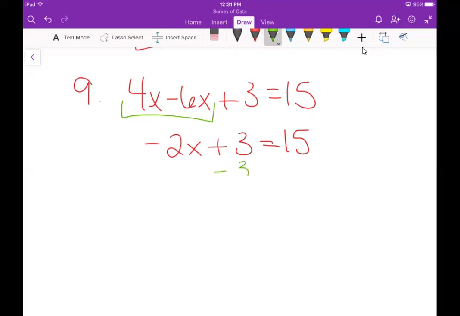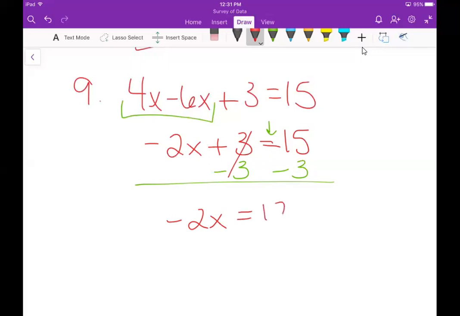Now here I'll undo the addition before I undo the multiplication, so always undo that addition or subtraction first. I have addition of 3, so I'm going to subtract 3 from both sides of the equal sign in order to move that 3. That leaves me with negative 2x. These 3's cancel, that's why I subtracted 3.